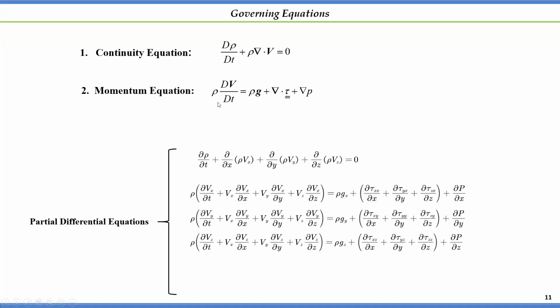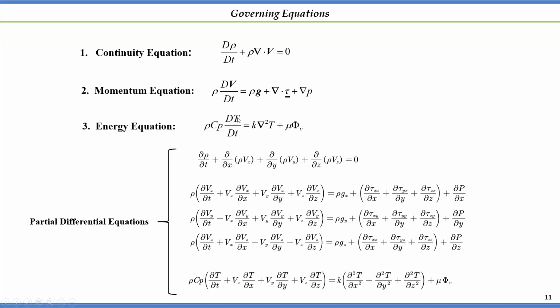Each momentum component has a direction x, y, and z. So one momentum equation results in a set of three equations. What about the energy equation? Temperature is a scalar quantity, and temperature is going to vary in the x, y, and z directions. So we have this energy equation.